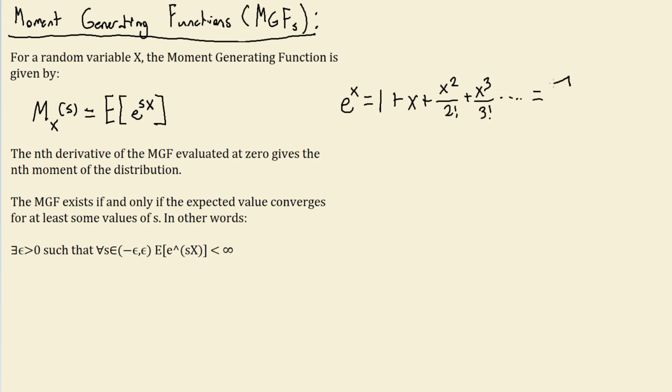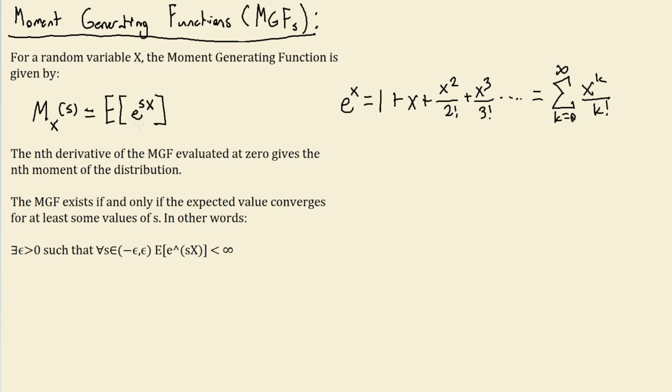It's essentially the sum from k equals 0 to infinity of x to the power of k over k factorial. This is that Maclaurin series for e to the x.